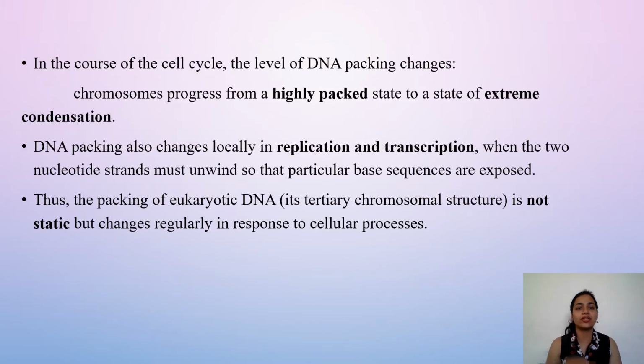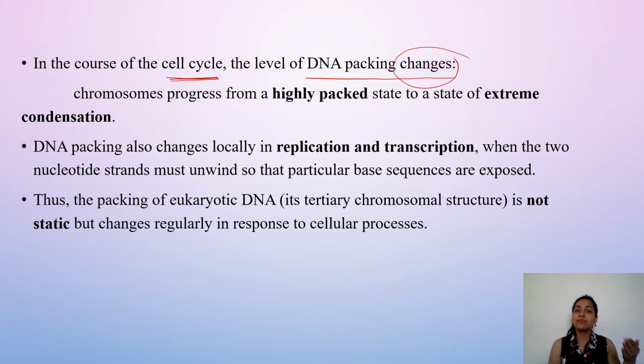Let us move further. We have all studied, I guess, about the cell cycle. Whenever the cell cycle progresses, the level of DNA packaging changes. The extent to which the DNA is packed around the histone proteins changes.